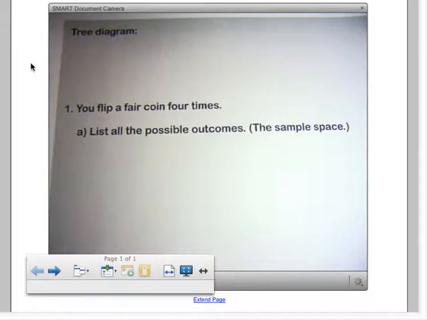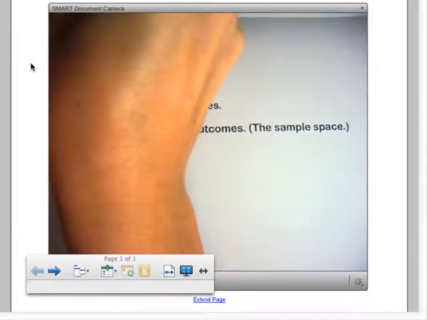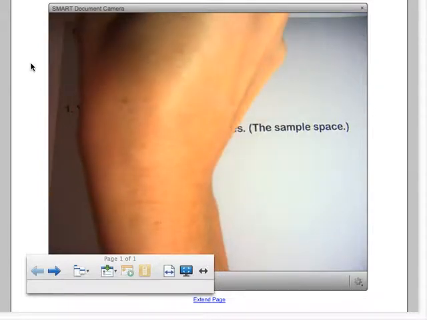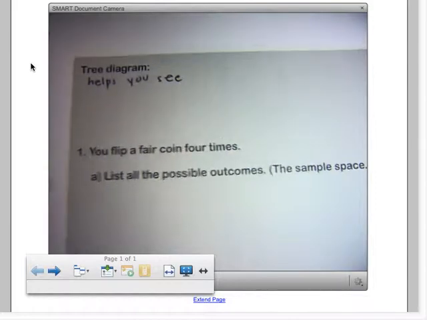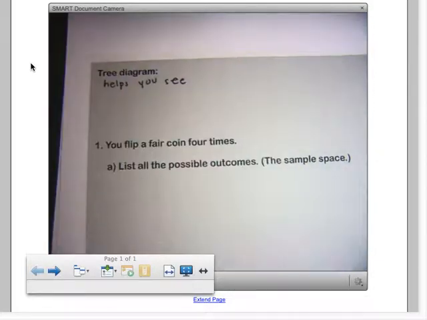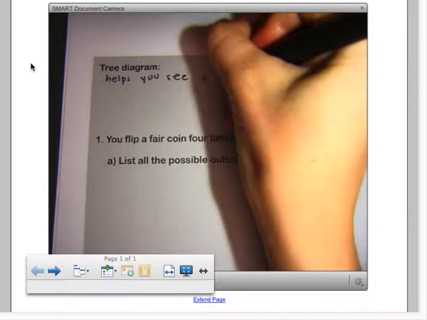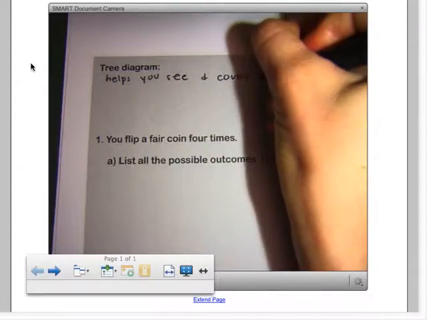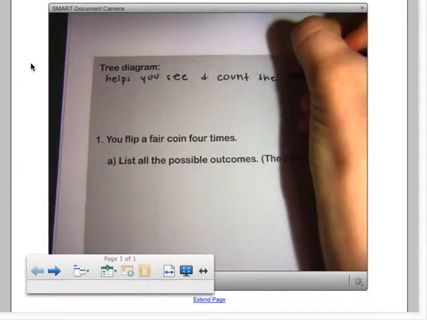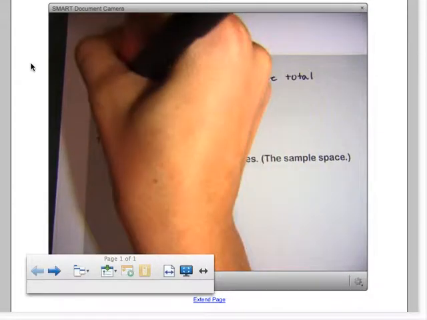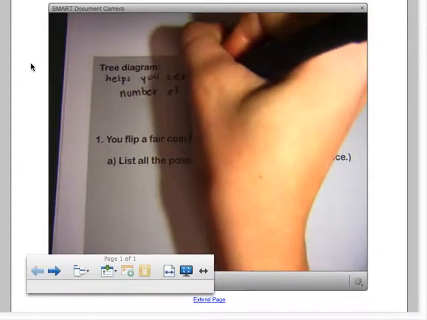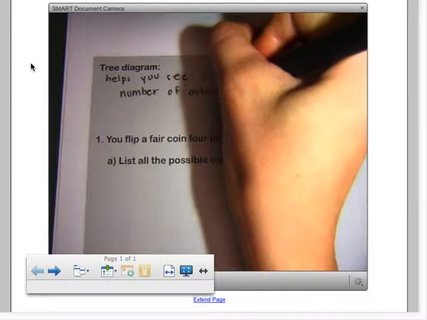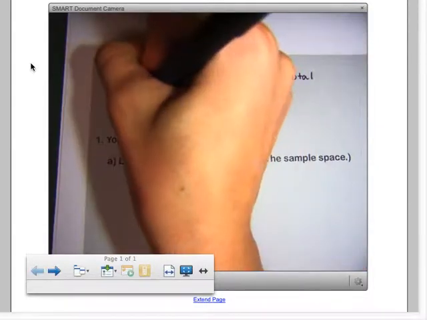Okay, so a tree diagram helps you see and count the total number of outcomes in an event.